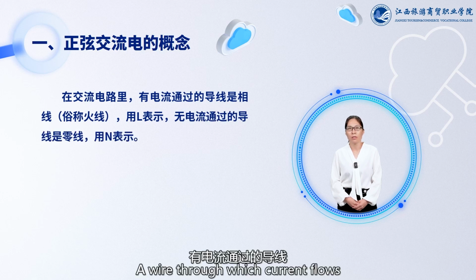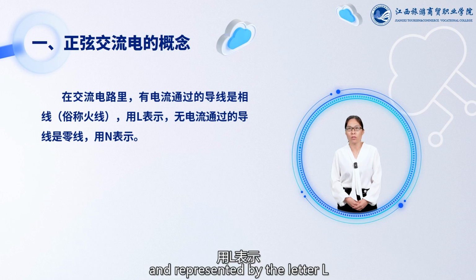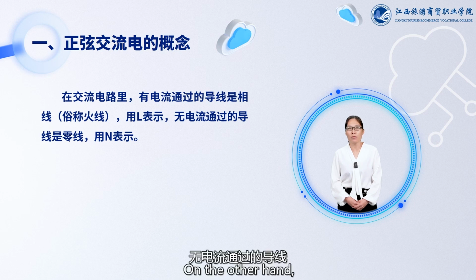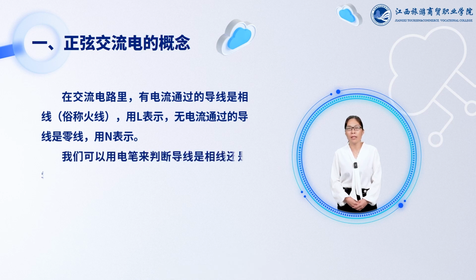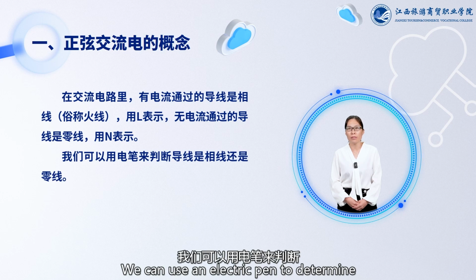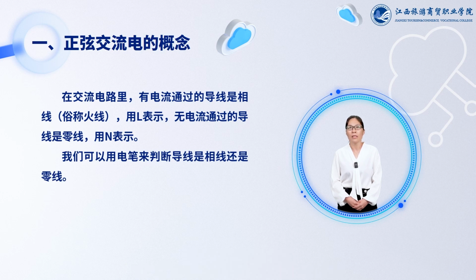A wire through which current flows is referred to as the phase line, commonly known as the live line, and represented by the letter L. On the other hand, a conductor through which no current passes is known as the zero line, represented by the letter N. We can use an electric pen to determine whether a conductor is a phase line or a zero line.